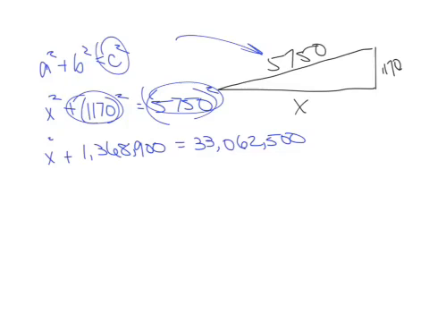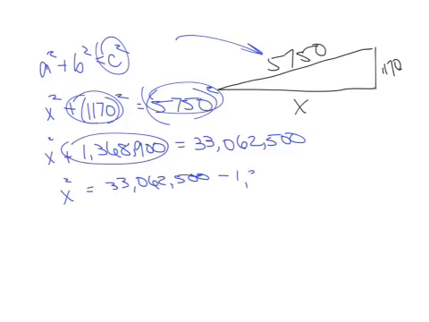Well, let's subtract this. I'm not going to write it all out from both sides, so x squared equals 33,062,500 minus 1,368,900, and x squared then equals 31,693,600.